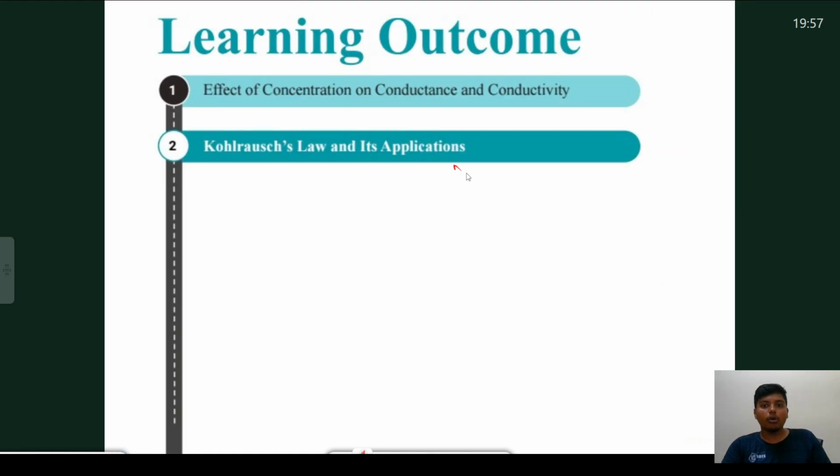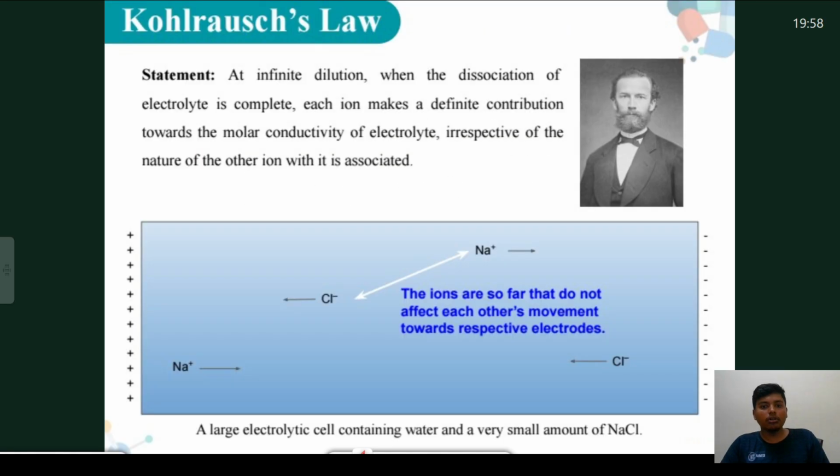Next, Kohlrausch law. What is Kohlrausch law? I told you for a strong electrolyte you can calculate lambda m naught, but for a weak electrolyte we can't calculate. So that's why Kohlrausch gave a law. Kohlrausch told that at infinite dilution, when the dissociation of electrolyte is complete, each ion makes a definite contribution towards the molar conductivity of the electrolyte, irrespective of the nature of the ion it is associated with.